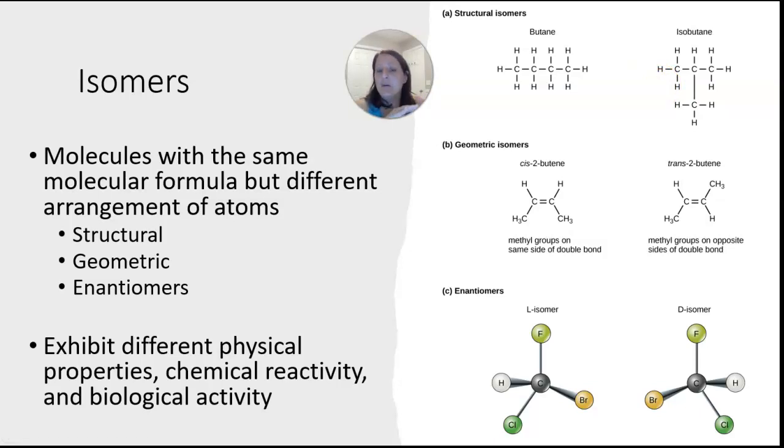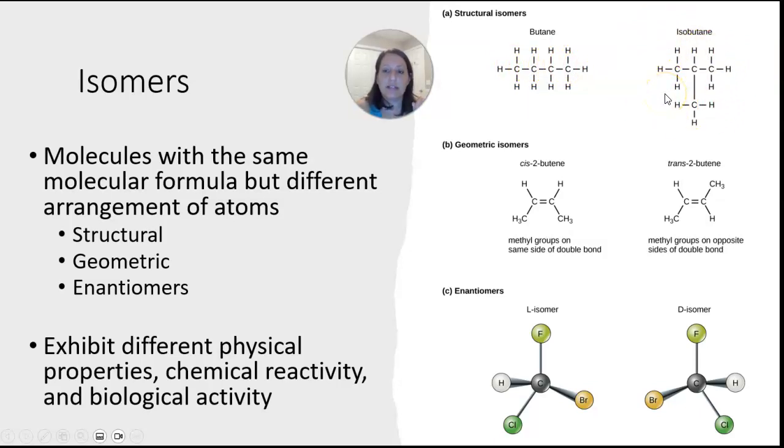The difference is how the atoms are arranged structurally. And so regular butane is just a straight chain of carbons. Where isobutane, carbon 2, so carbon 2 over here, is going to have what we call a methyl group, a CH3 group, coming off of it. And there is the last carbon here. So instead of going carbon 1, 2, 3, 4 in a straight chain, this has a branched structure.